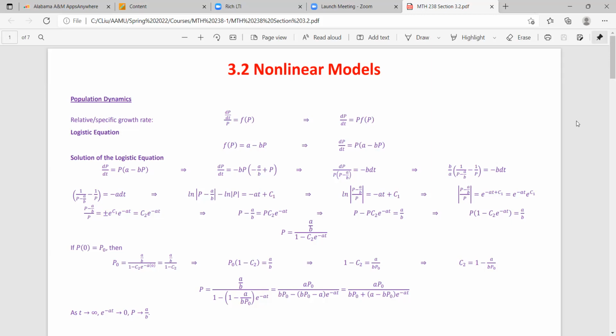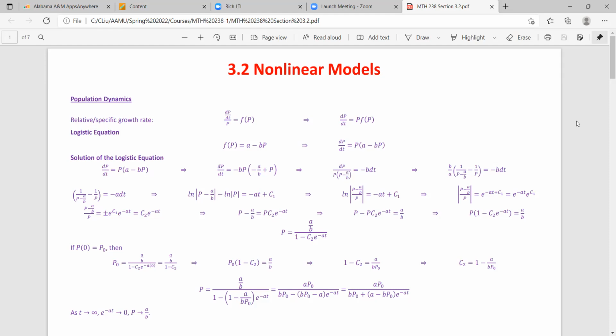So then the next model, when we consider more realistic situations, it's called the logistic equation, where f of P is a linear function of P instead of constant. So it will be a minus bP. So that's called a logistic equation.